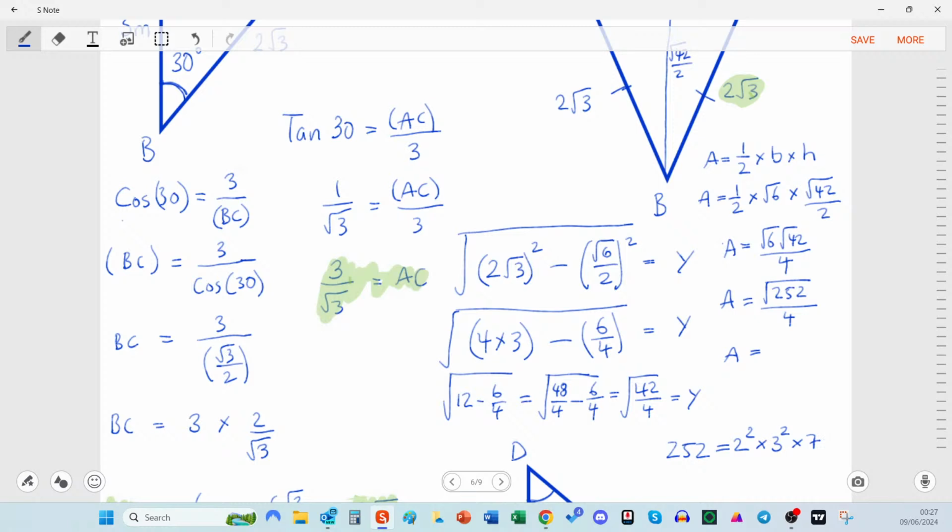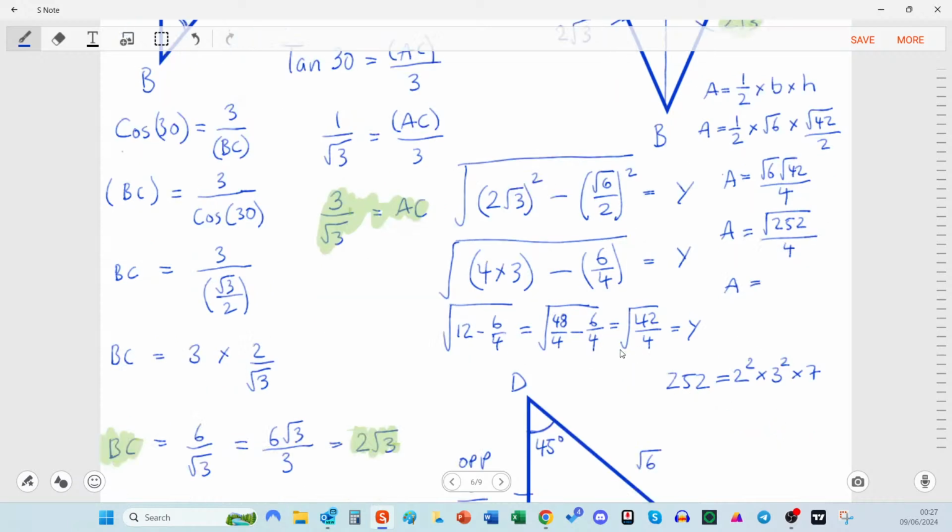That's better. Now we're thinking about what square numbers we have here. We're looking for pairs of primes. So that would be 2 times 3. I can see that twice. If I just rearrange the multiplication, I can see I've got 6 times 6 in there, which is 36.